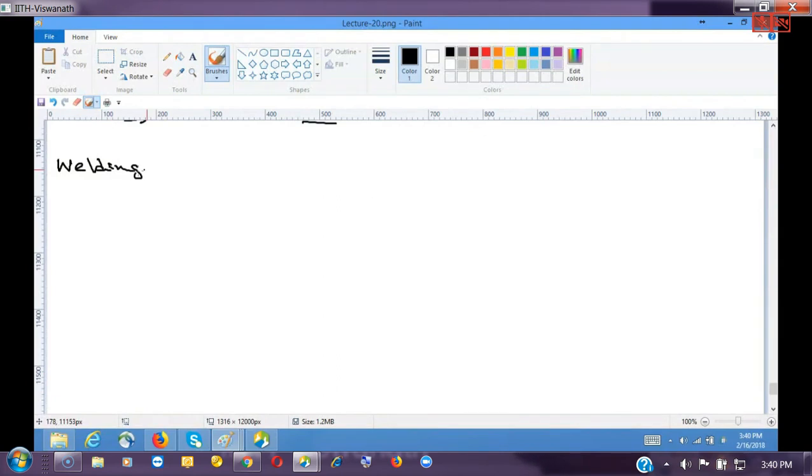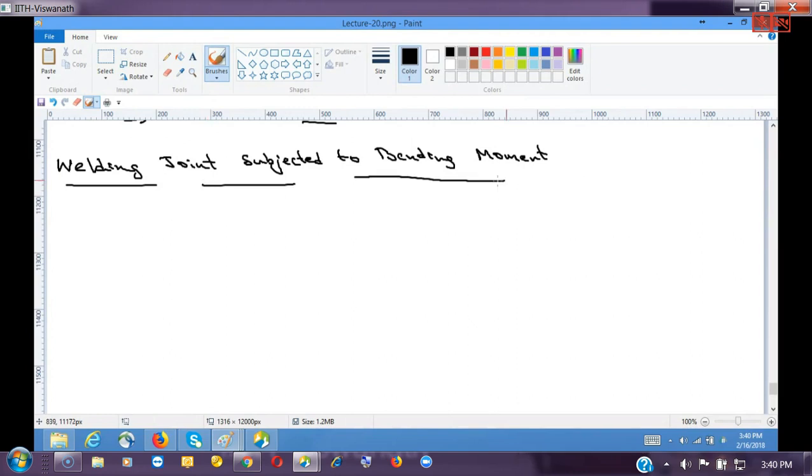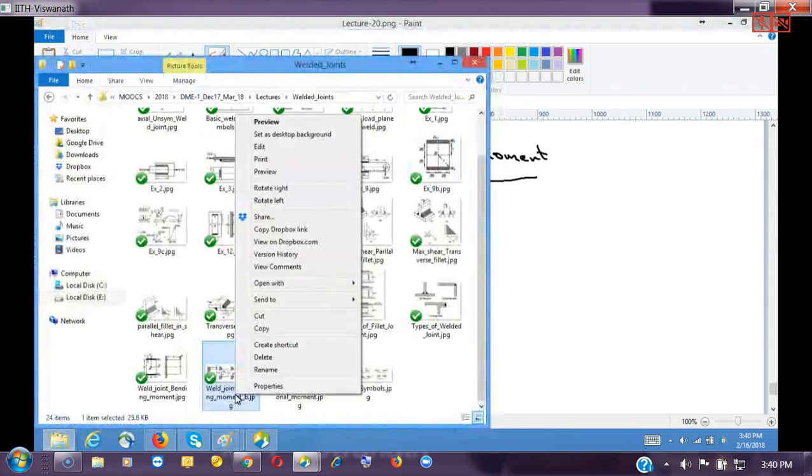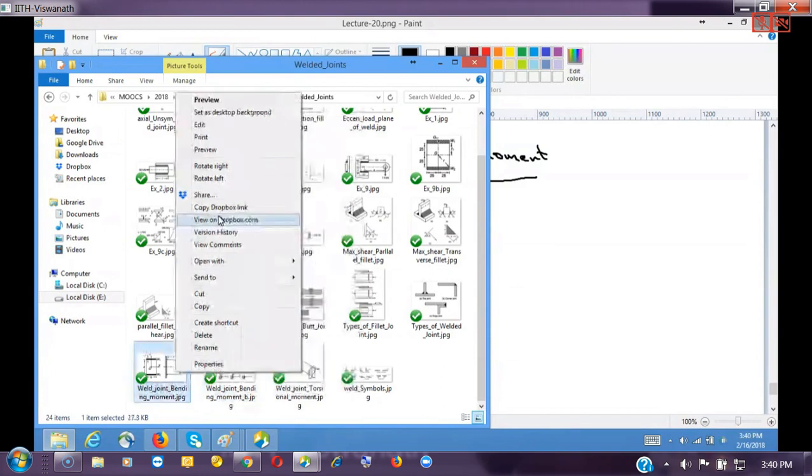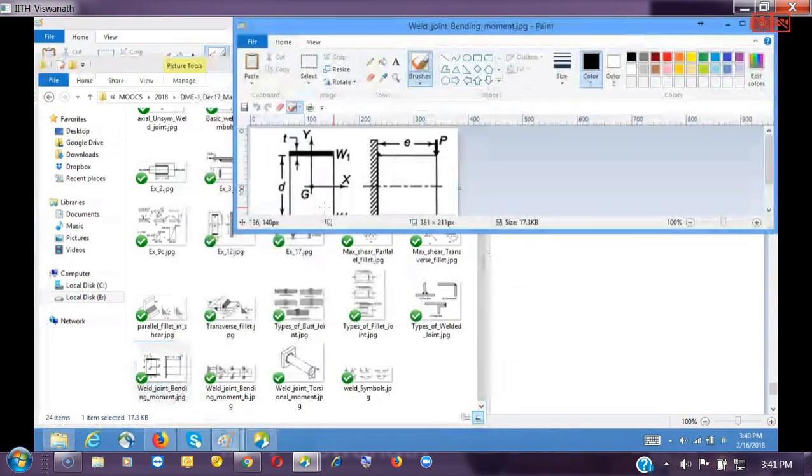So the next thing we will do is a welding joint subjected to bending moment. If you look at it, you have a weld on the top and on the bottom.